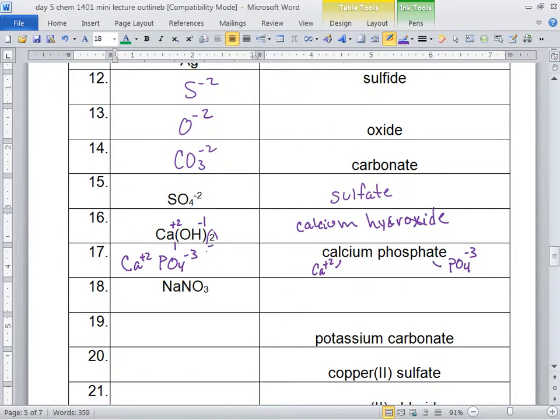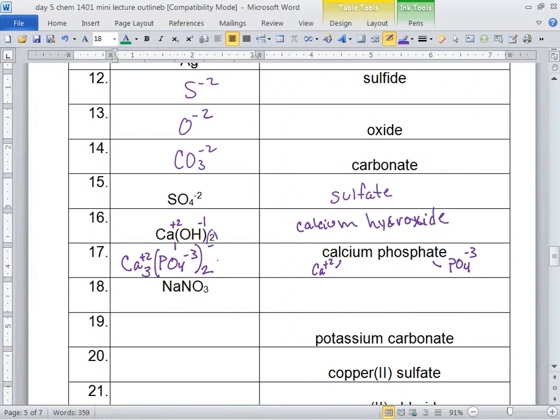I always put parentheses around that polyatomic, whether I need to or not. It just looks cleaner. And then I make the charges the subscripts. So move the 3 down under the calcium, the 2 under the phosphate. And I'm done.